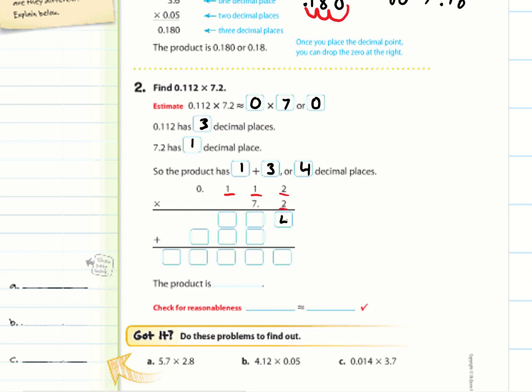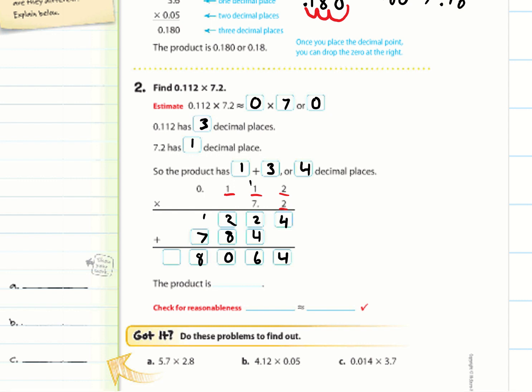So you have 2 times 2 is 4. 2 times 1 is 2. 2 times 1 is 2. 7 times 2 is 14. 7 times 1 is 7, plus 1 is 8. 7 times 1 is 7. So we have 4, 6, 10, 8.